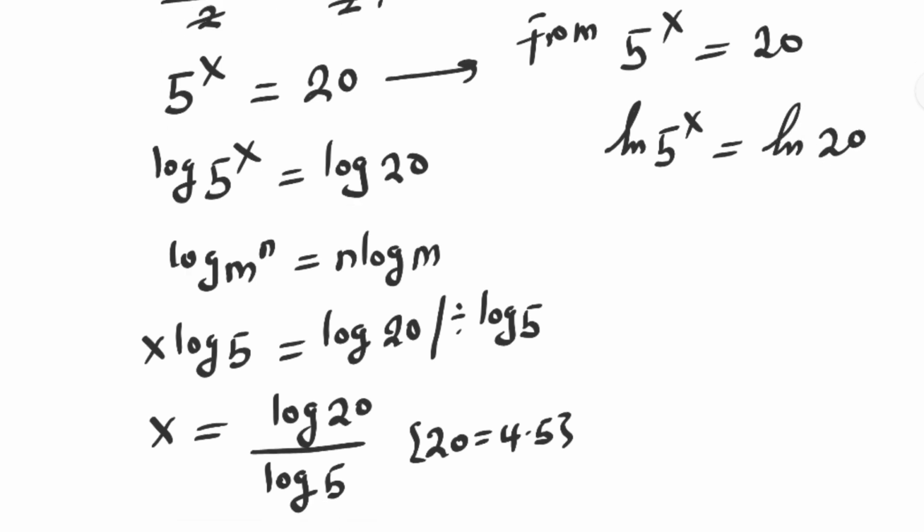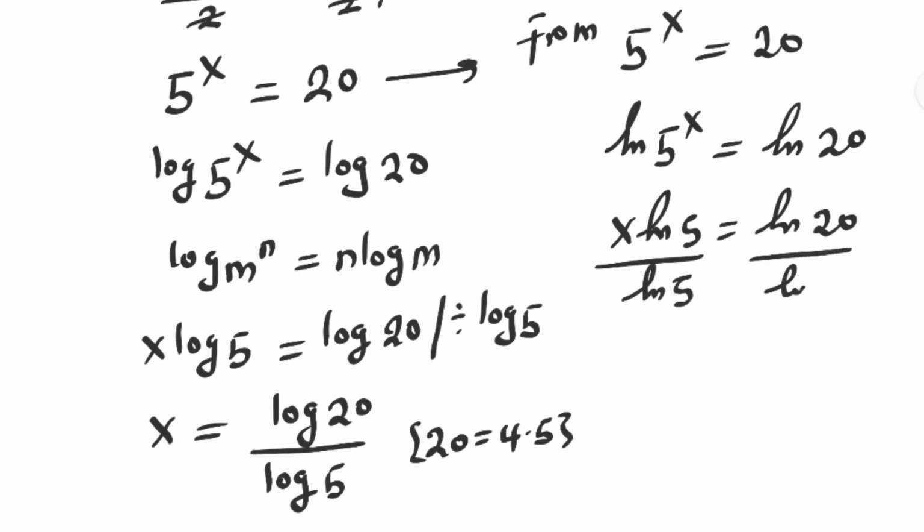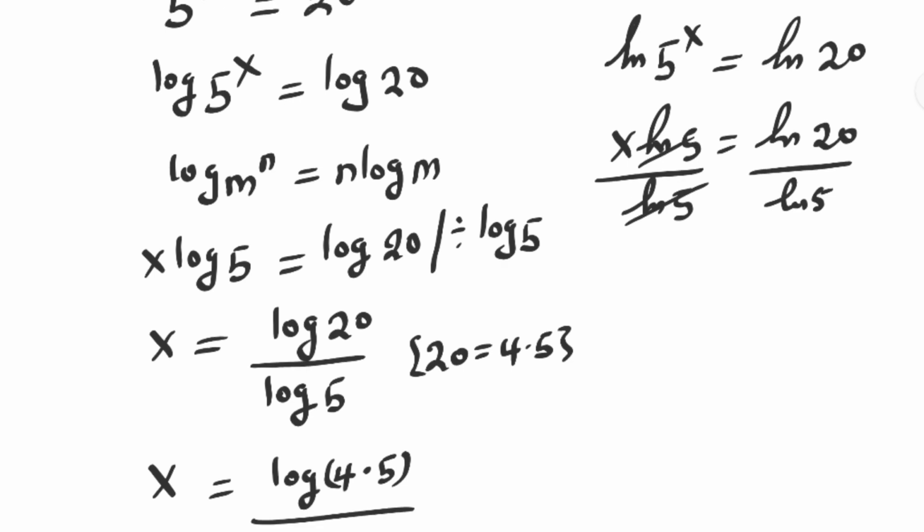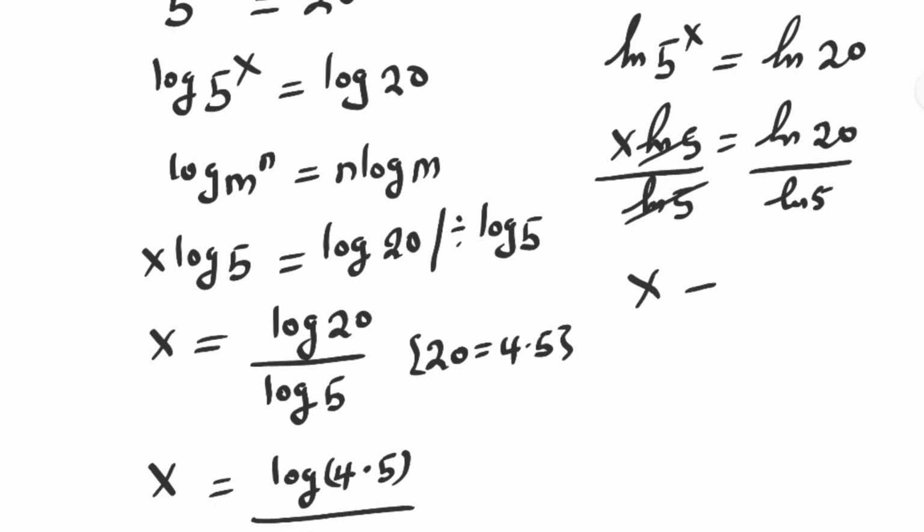Then you can solve this in less than 30 seconds. That is, here will be x ln of 5 is equal to ln of 20. Let's divide both sides by ln of 5. This ln of 5 cancels this ln of 5. x is equal to ln of 20 over ln of 5.